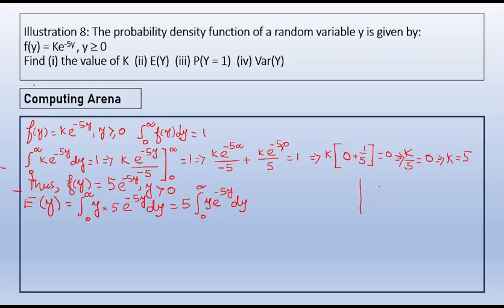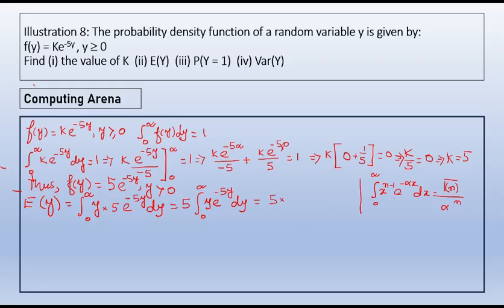What is the result? The result tells that integration from 0 to infinity x to the power n minus 1 e to the power minus alpha x dx will give me gamma n. Gamma n is actually factorial n minus 1 divided by alpha to the power n. So we will use that result here. Here in place of x we have y. So let us write 5 first, then try to understand.